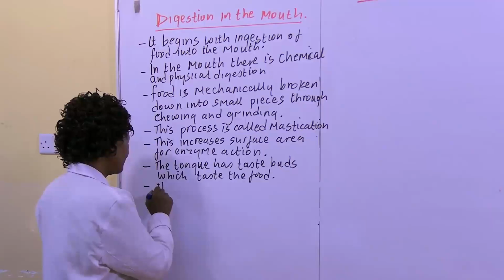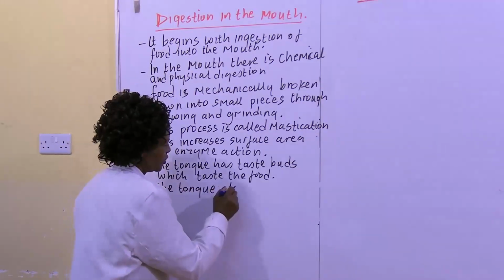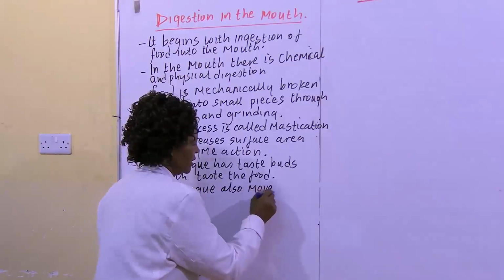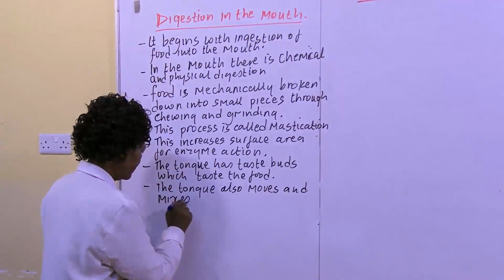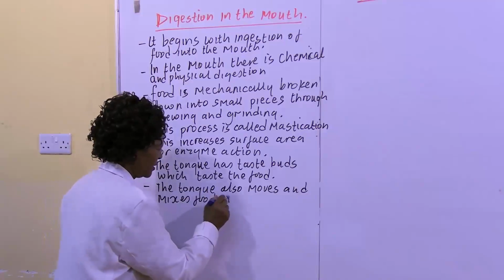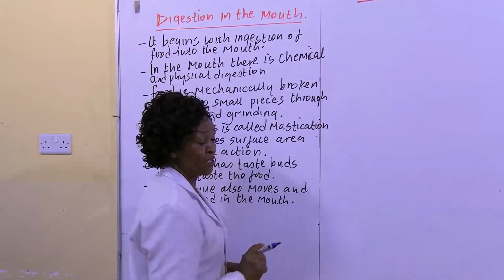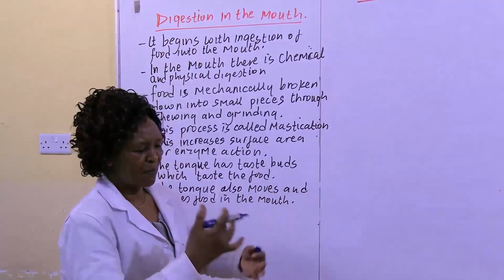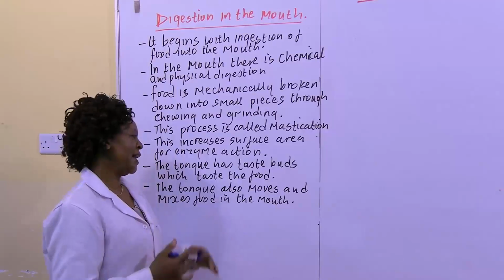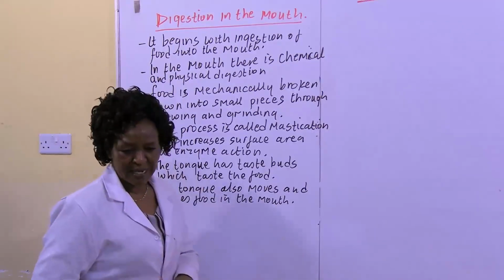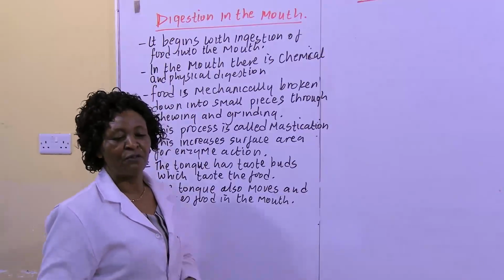So the tongue has two functions. One, mixing up the food and moving it within the mouth from one part of the mouth to the other. And two, it has taste buds that enable you to know the taste of the food.